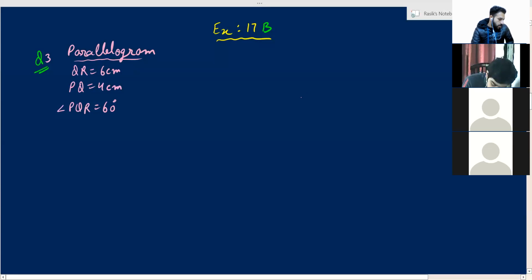Can we say that we know all the four angles of this parallelogram? All the four angles. Can we say that we know all the four angles and all the four sides of the parallelogram? We know everything about the parallelogram except the diagonals. Can we say that we know all the four angles? No, sir.